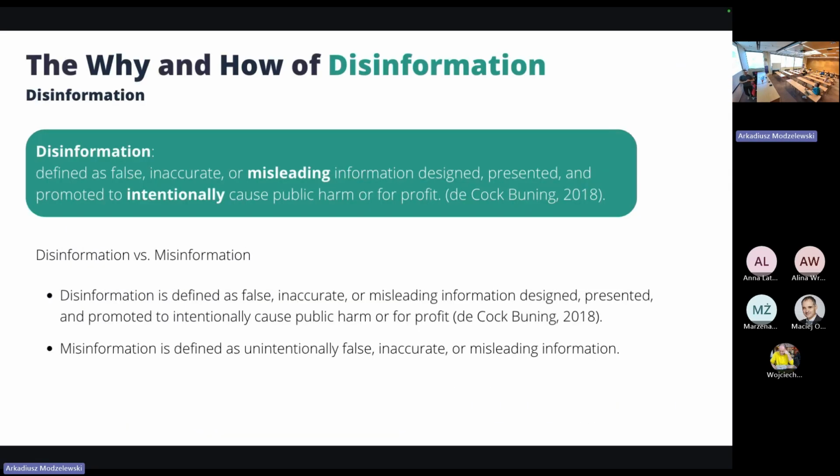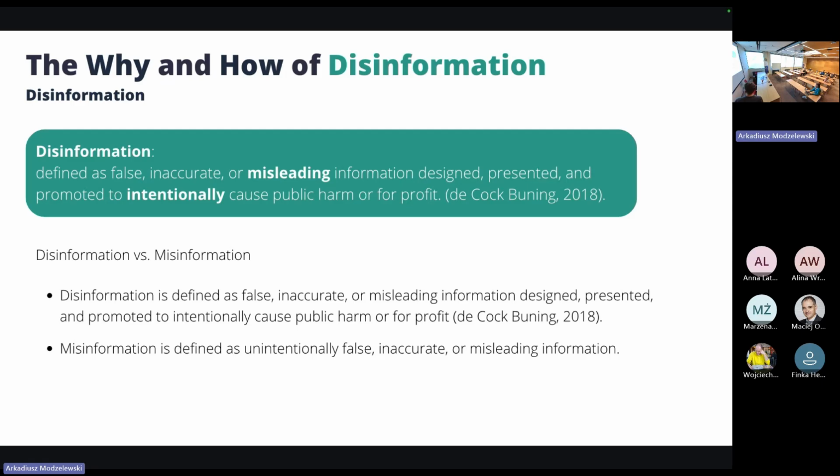Okay, so to talk about disinformation, firstly, we need to understand what disinformation is. There are different definitions of disinformation, and one of them was provided by a high-level group of experts working for the European Commission, and this is the definition which I mostly use.